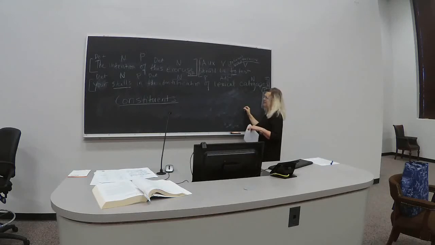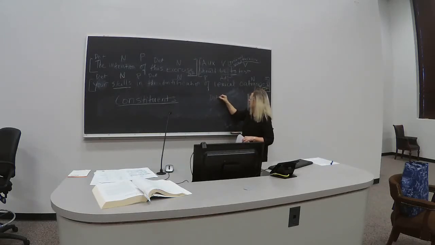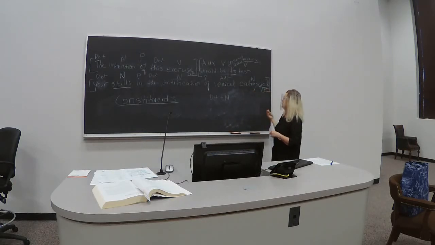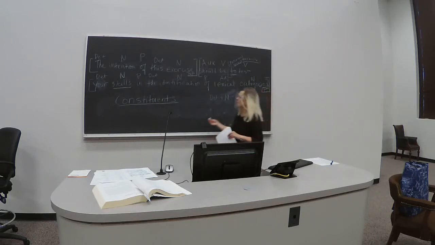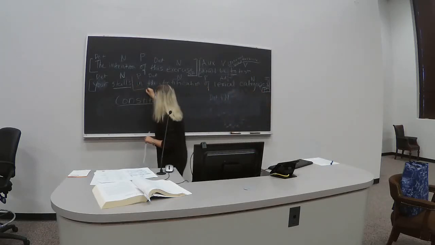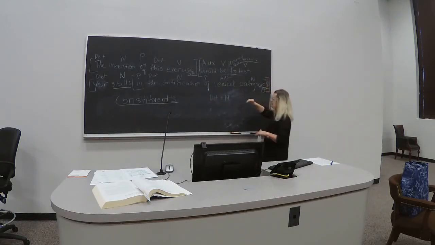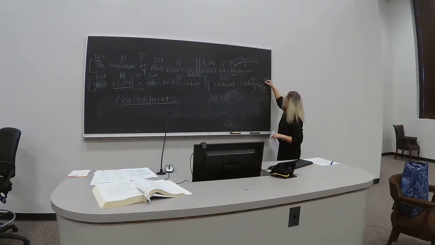And then we can see just really quickly that here we have a determiner, a noun, and then there's a post modifier to skills. What kinds of skills? Skills in the identification of lexical categories. So it's followed by a prepositional phrase, in the identification of lexical categories, and that's a PP, prepositional phrase.